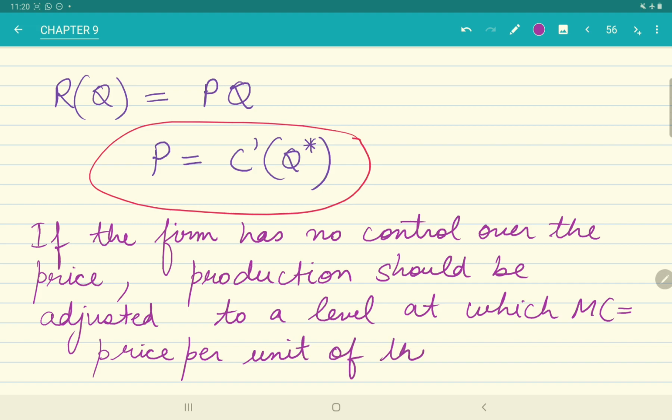Please keep this in mind that we are again assuming that the profit function does not attain a maximum at q is equal to 0 or at q is equal to q bar. It attains a maximum in the interior of that interval.